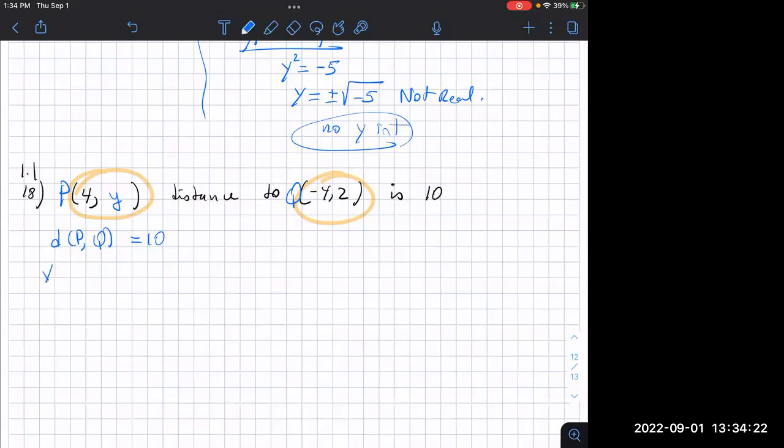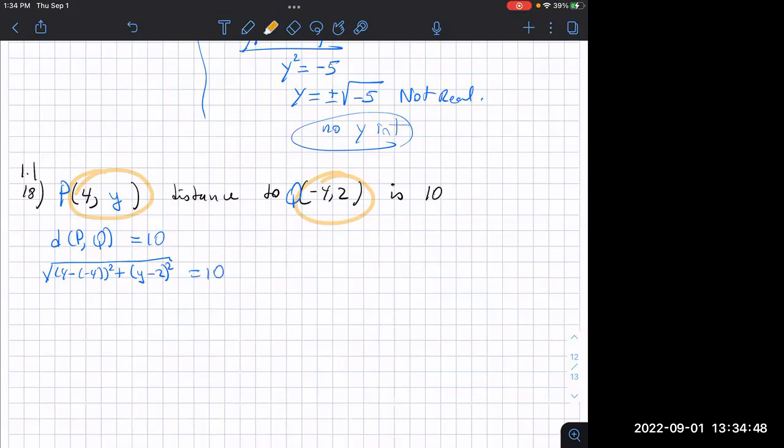That's the square root of (4 minus negative 4) squared plus (y minus 2) squared equals 10.